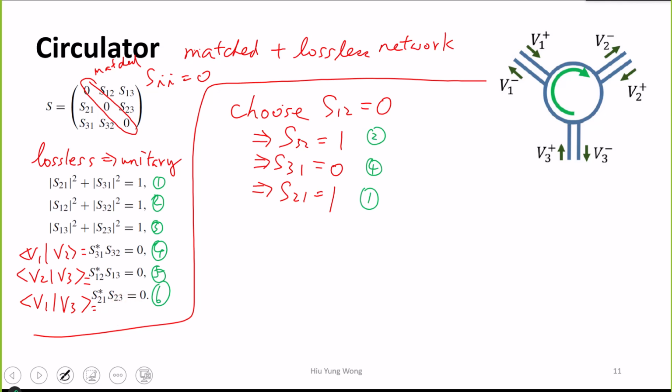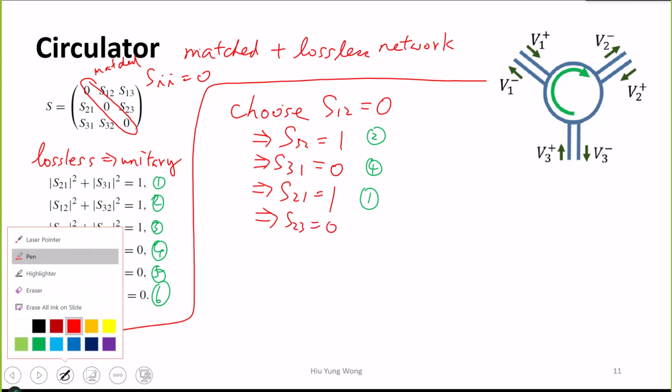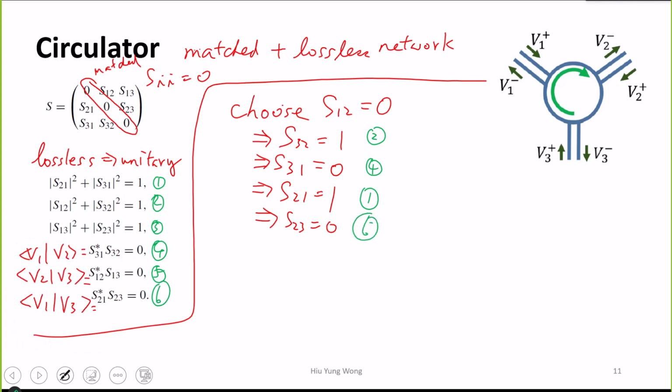Very good. This is by equation 6. Now, because S23 equals 0, S13 must be equal to 1, right? That is by equation 3.